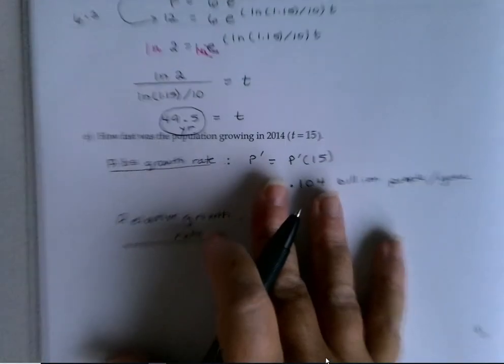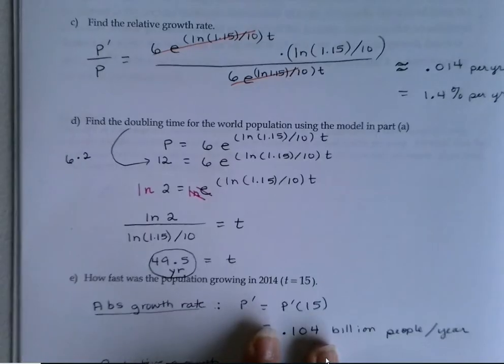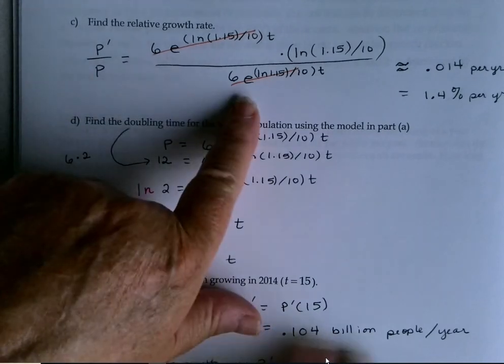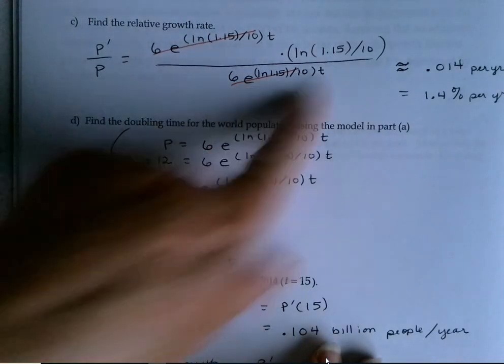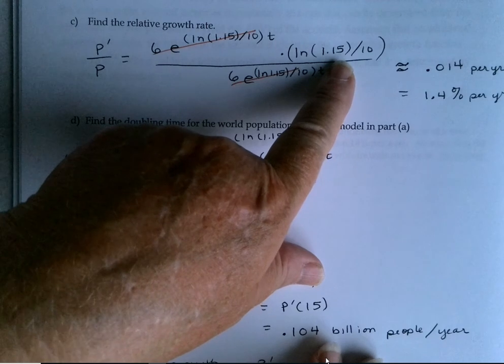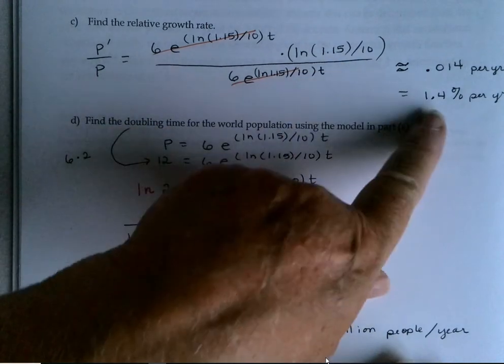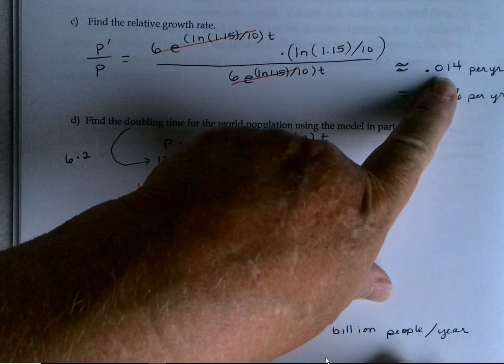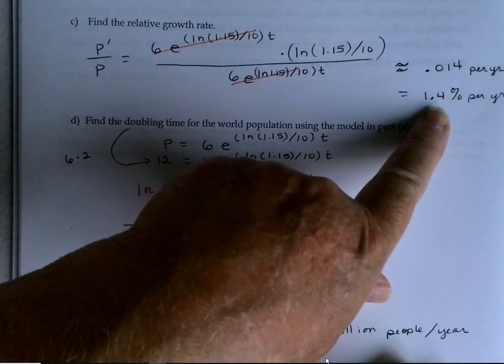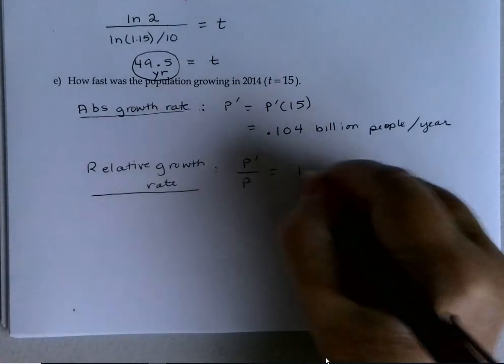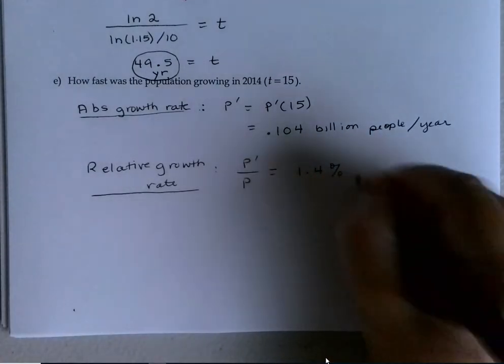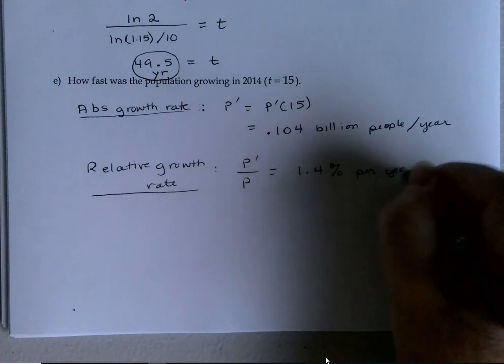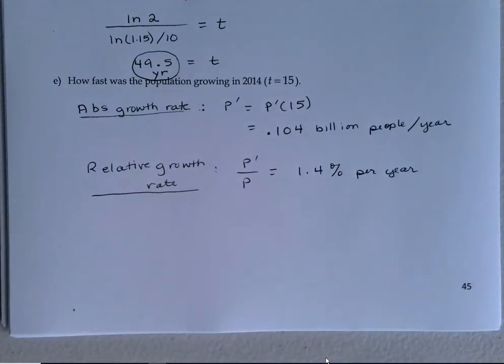And that one we did in part C. Right? And it actually didn't matter what the time was. Everything canceled out, and we ended up with a constant, as we always do for exponential functions. So we already know it was just 0.014 per year, or 1.4% per year. So depending on whether that problem meant absolute or relative, I would answer it a little bit differently.